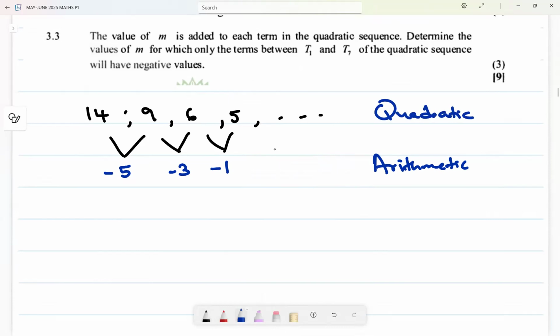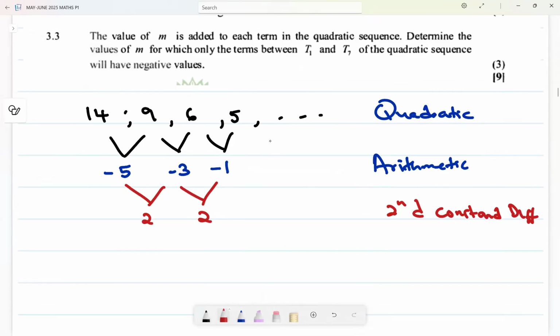Again, this one will be the second difference. Negative 3 minus negative 5 is 2. Negative 3 minus negative 5, guys, is 2. So this is the second constant difference.